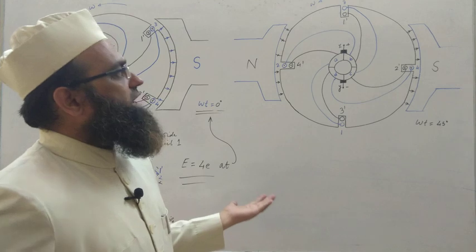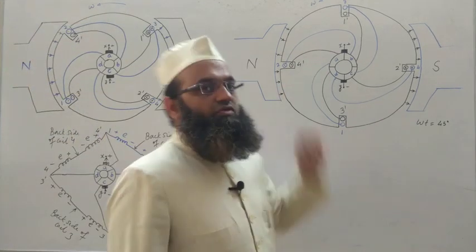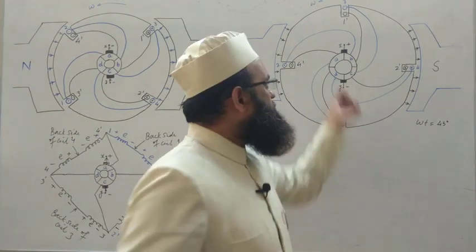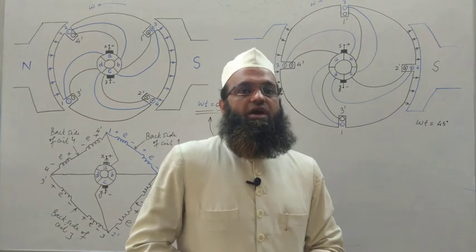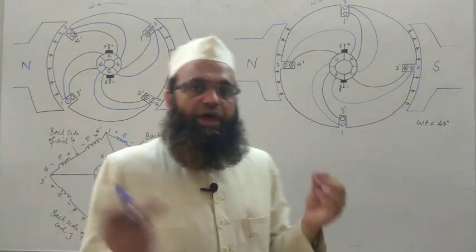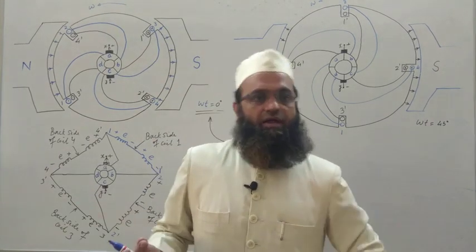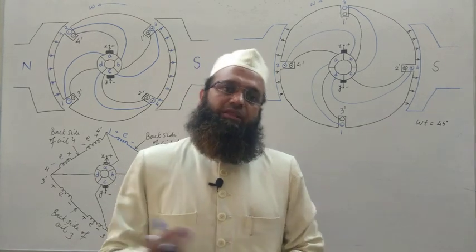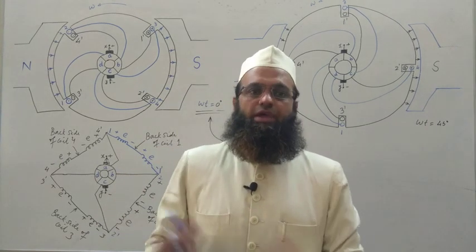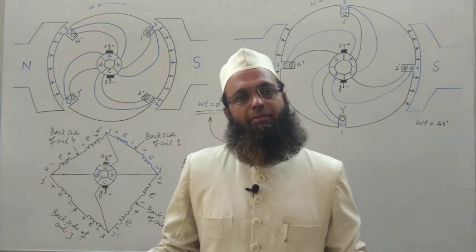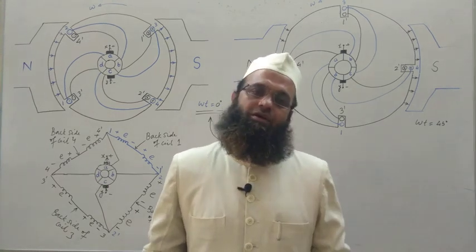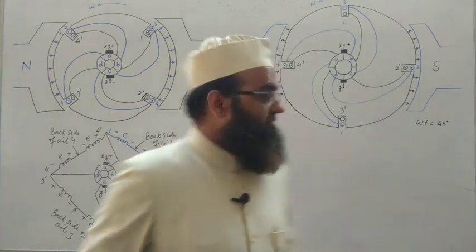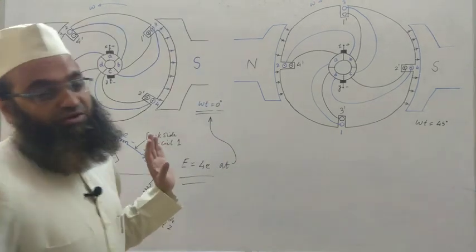But no need to worry, as when the brush shorts the two commutator segments at which the two ends of a particular coil are connected, at that particular moment no EMF is induced in that coil, so no need to worry. That is the beauty of this commutator arrangement.